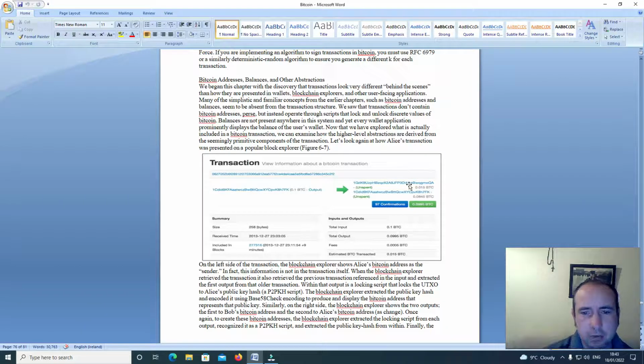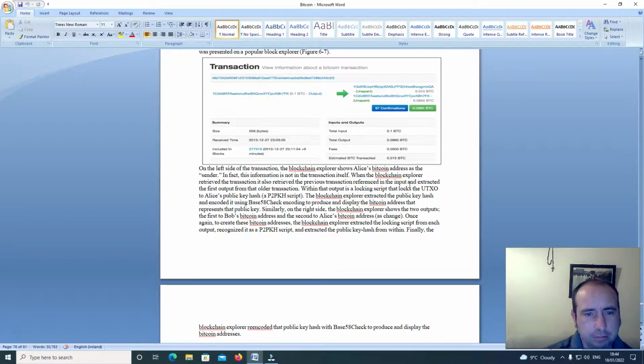Now that we have explored what is actually included in a Bitcoin transaction, we can examine how the higher level abstractions are derived from the seemingly primitive components of the transaction. Let's look again at how Alice's transaction was presented on the popular Block Explorer, figure 6.7.